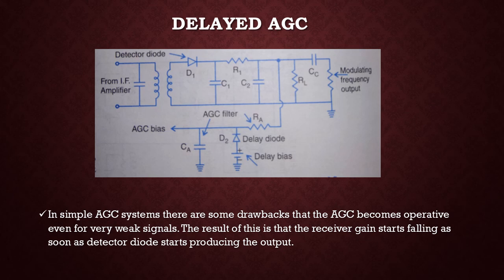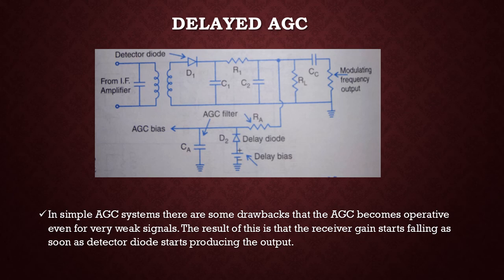With 0 and small signal voltage, diode D2 conducts, due to which the AGC bias just equals the potential of the cathode of the diode. Hence, AGC remains fixed at a low positive value.